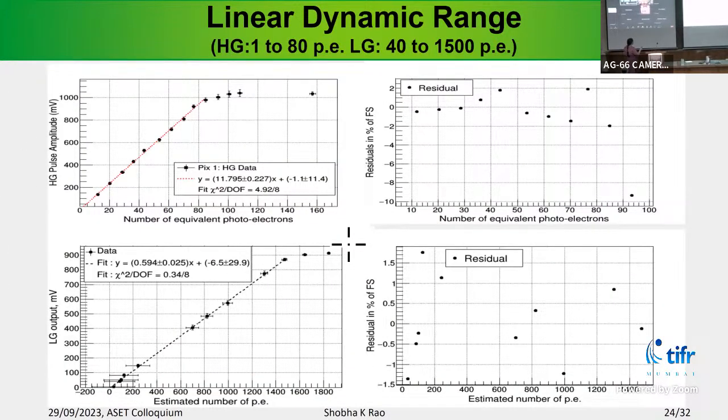This is how we have to maintain the linear range on the dynamics. This is for HG and this is for LG, and here up to 80 photoelectrons, and for LG 40 to 1500 photoelectrons, and we have maintained this overlap between these two for cross calibration.